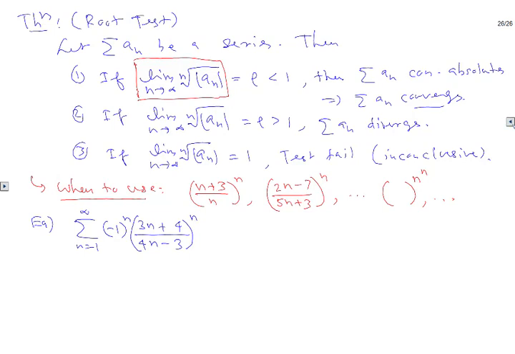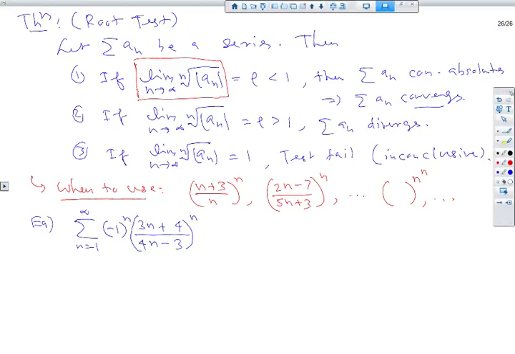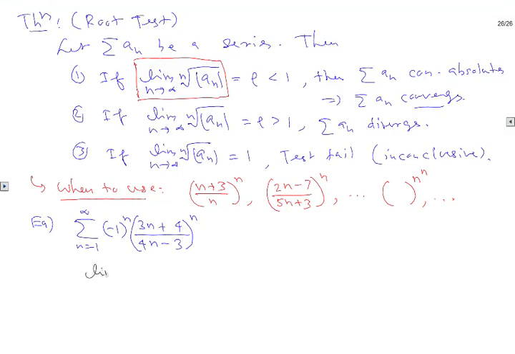Okay, so let's use the root test. We're going to take the limit as n goes to infinity of the nth root of the absolute value of a_n, which is equal to the limit as n goes to infinity of 3n plus 4 over 4n minus 3 to the n power, nth root.